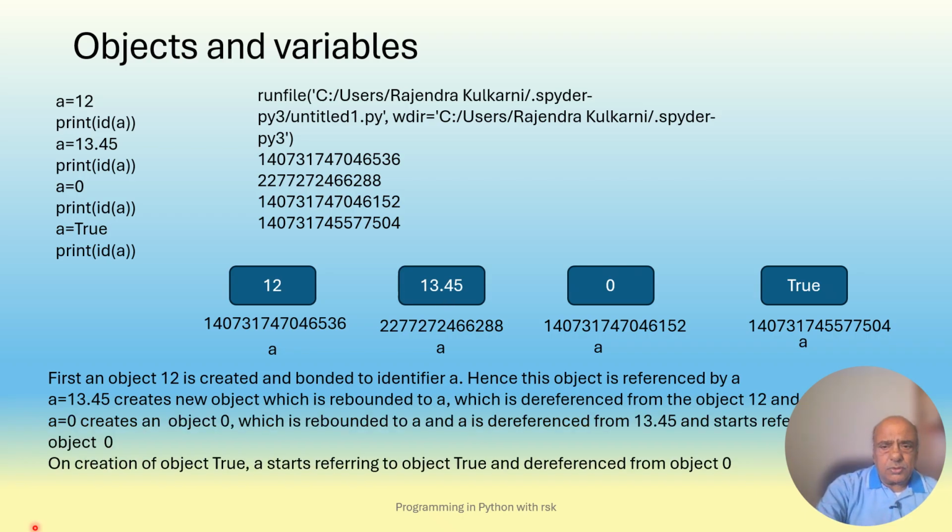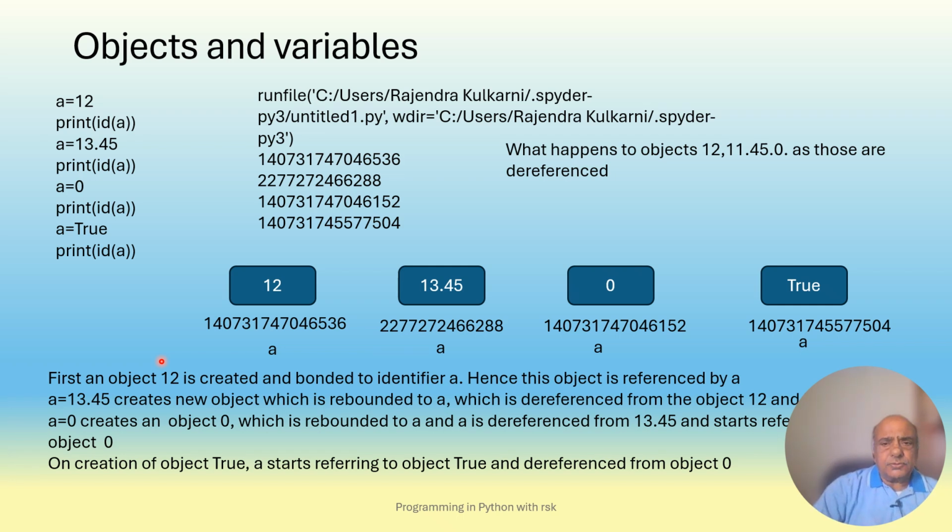Similarly for 0 and true. So A can be assigned different values. Depending on those values, the data type will be determined by the compiler, and it will create different objects as different values are assigned to A.